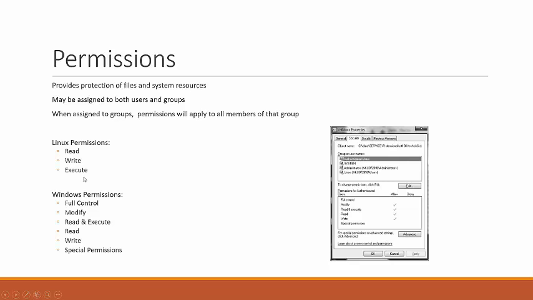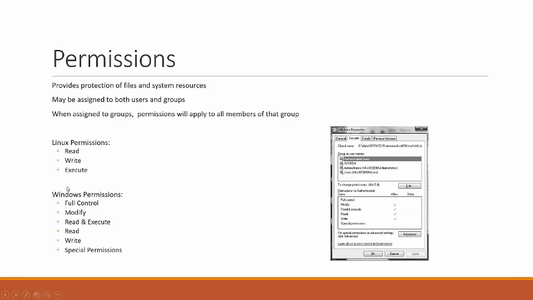This third permission is execute. And that means it's not so much a straight text file with information in it, but it's some kind of program. It might be a shell script. It may be an actual binary executable program. If a user or a group is not explicitly granted permission to execute it, they can't run it. Right? Solitaire. If I remove the right to execute Solitaire, no one can run it, hence they can't play it.